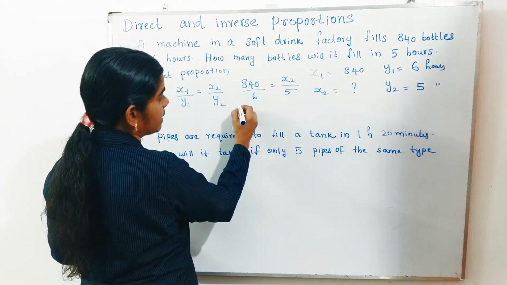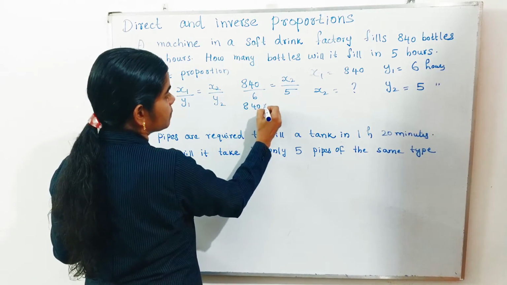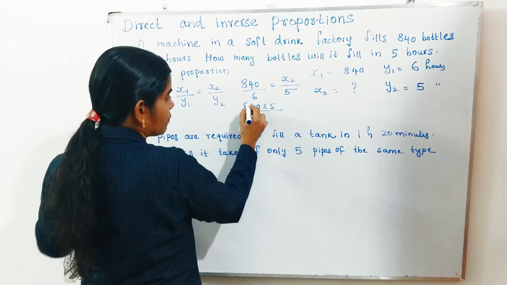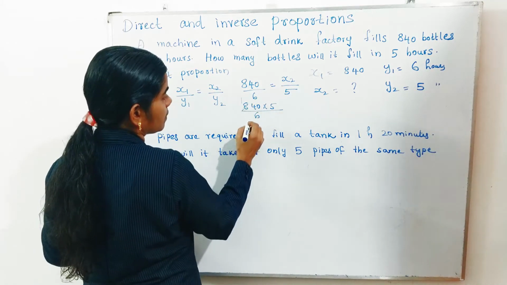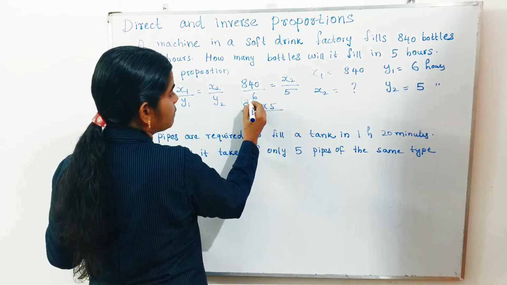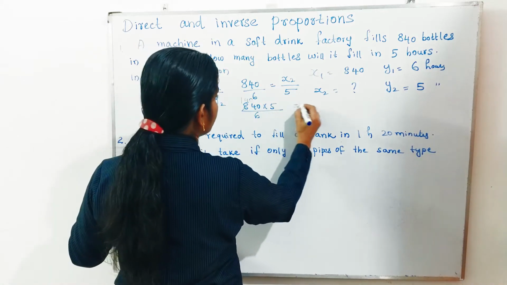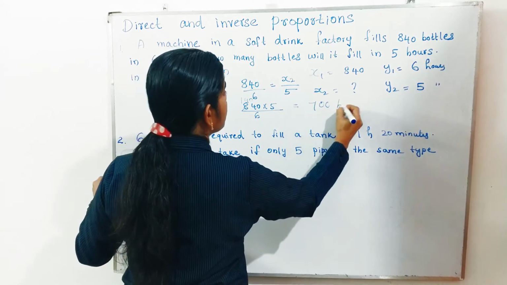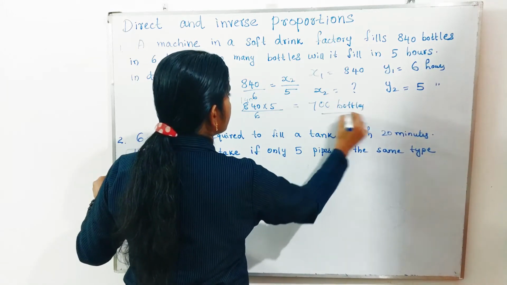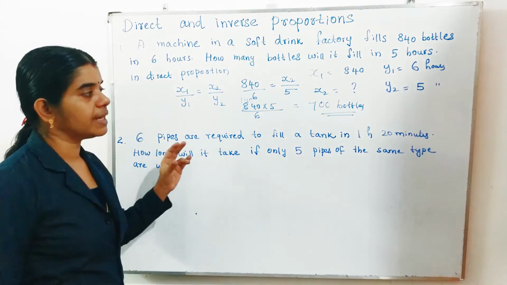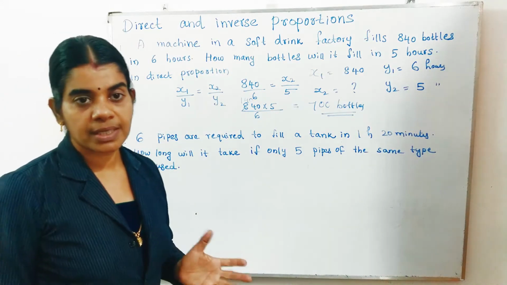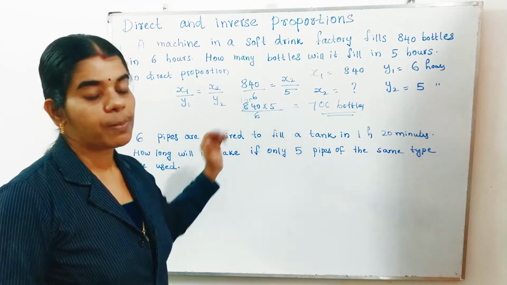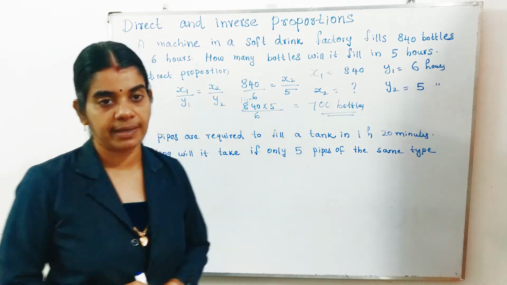Then cross multiplying, 840 into 5 divided by 6. Thus you get 140 into 5, which is 700. So 700 bottles are filled in 5 hours. Understood? For direct proportion, x1 by y1 is equal to x2 by y2, that you should learn by heart.